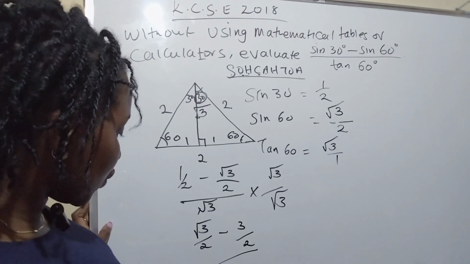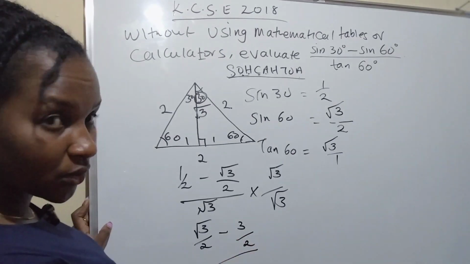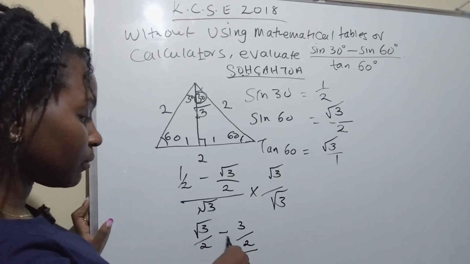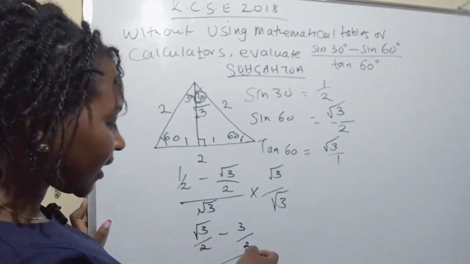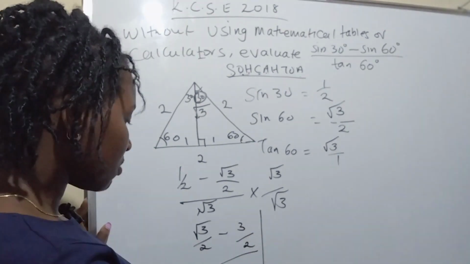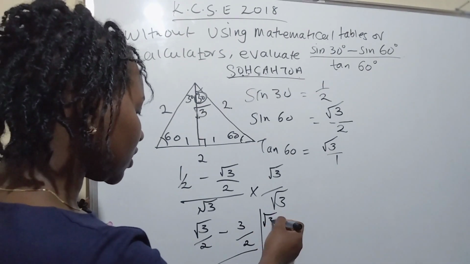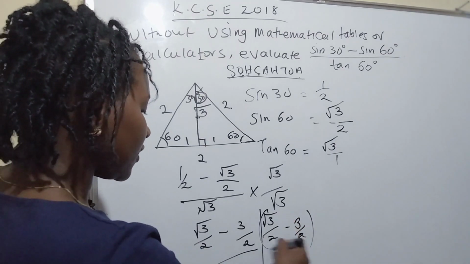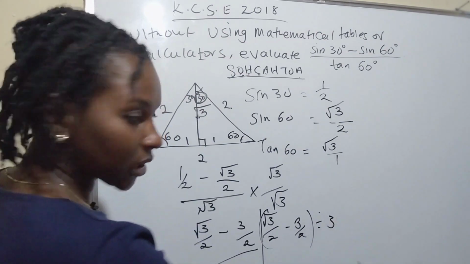So here now we cannot put the like terms together since on the numerator part we have root 3 over 2 minus 3 over 2. But now we can eliminate the fraction. This also means it is root 3 over 2 minus 3 over 2, everything divided by 3.